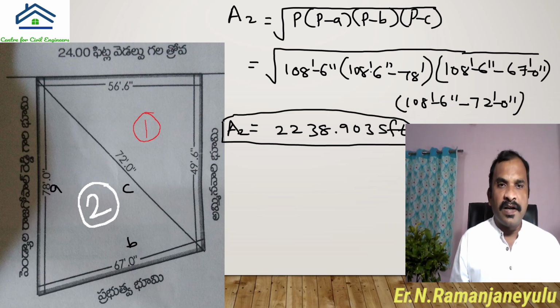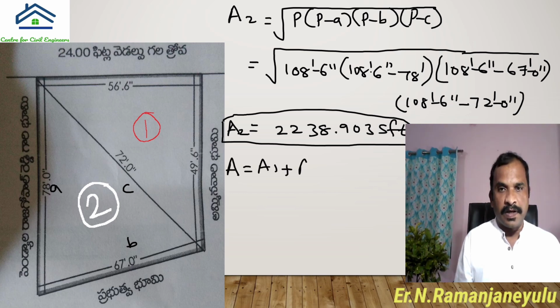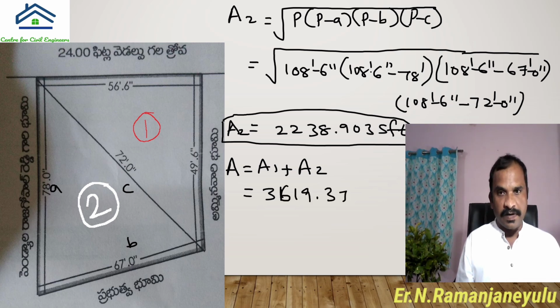Now the total area of the first figure and second figure is A equal to A1 plus A2, which is equal to 3619.37 SFT. Now we got the total area in square feet, but we want to calculate the area in square yards.